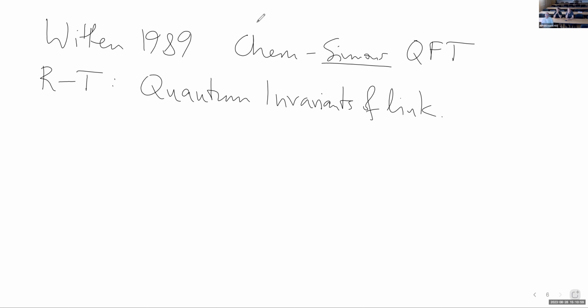Those discoveries connected knot theory and the Jones polynomial to other sophisticated areas of representation theory, algebra, and quantum physics, and particular properties of the Jones polynomial are still quite mysterious.